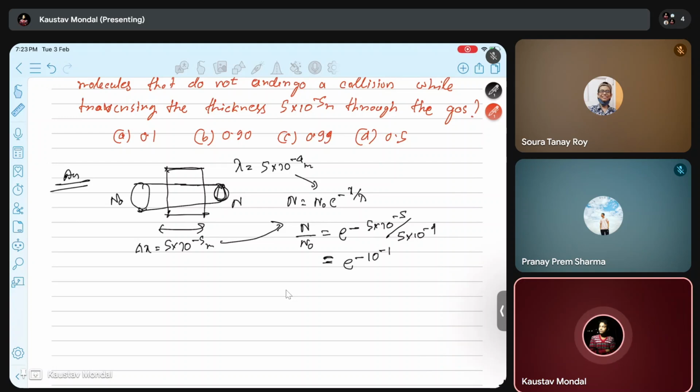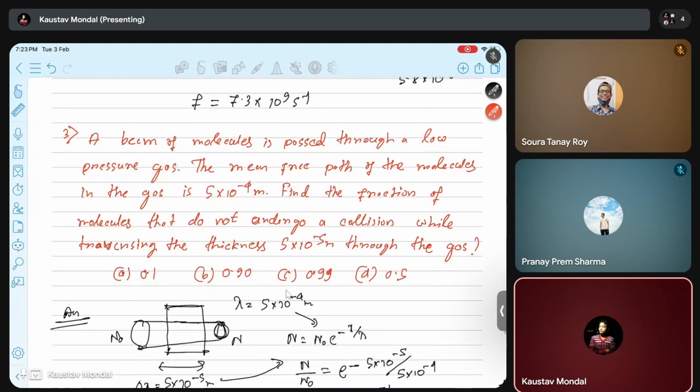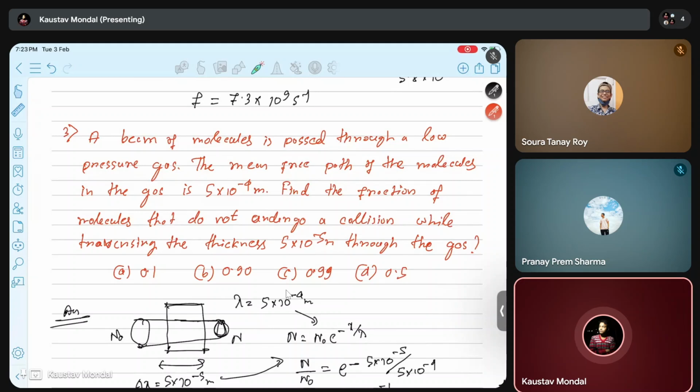If you calculate this on the calculator, it gives around 0.9. Although it looks like a difficult problem, it's a very easy problem. You just have to use the survival equation.